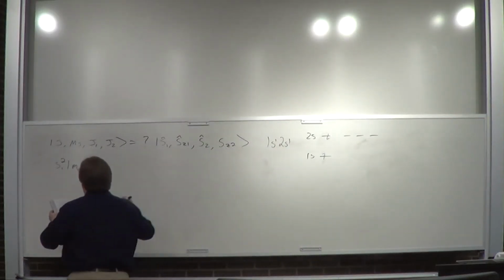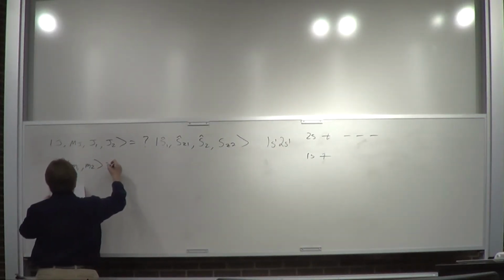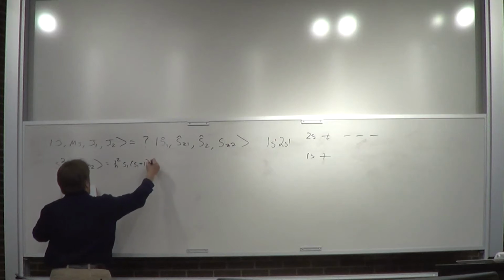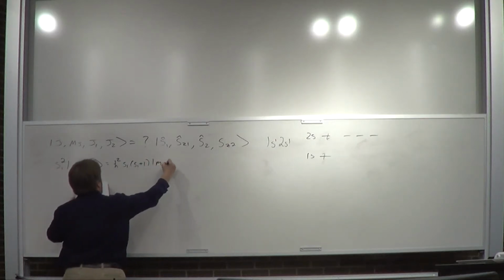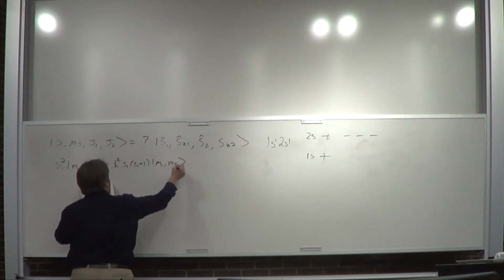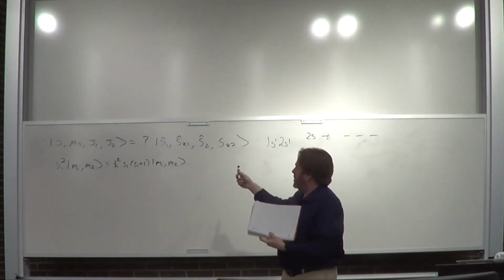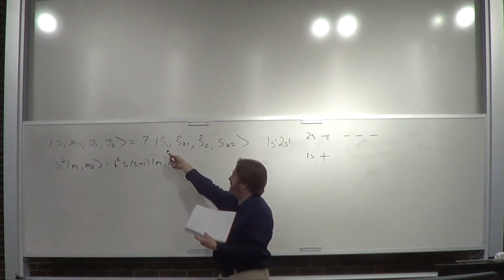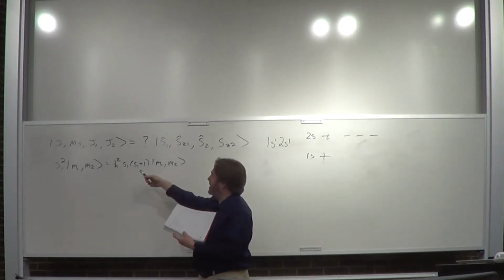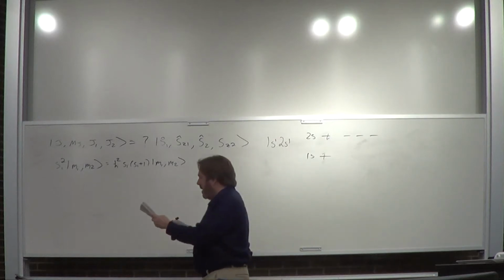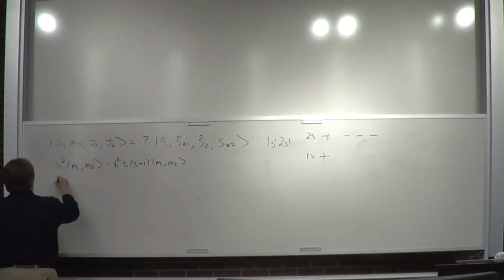S1 squared will, of course, be H bar squared, S1 times S1 plus 1. Notice that in this SZ1 basis, these are eigenstates of S1 squared, and the same for S2.